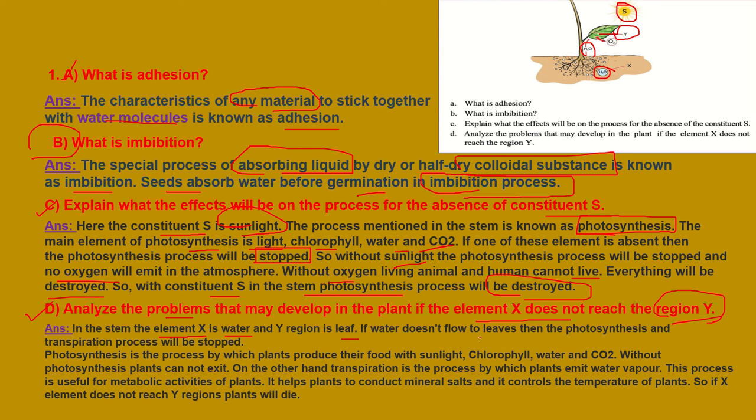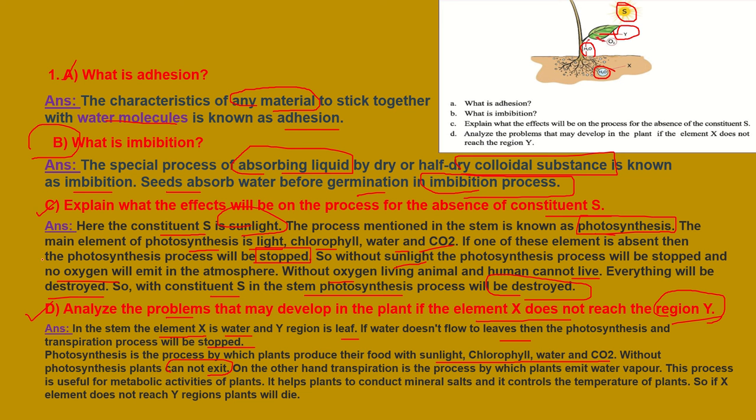If water does not flow to leaves, then photosynthesis and transpiration processes will be stopped. Photosynthesis is the process by which plants produce their food with sunlight, chlorophyll, water, and carbon dioxide. Without photosynthesis, plants cannot exist. They will die.